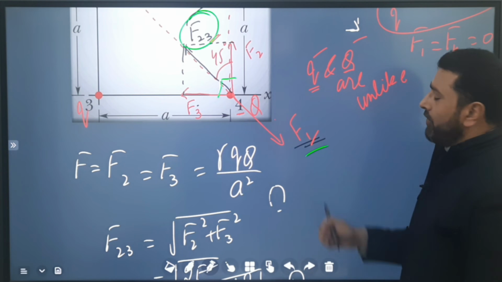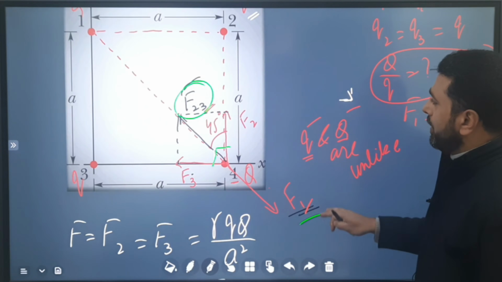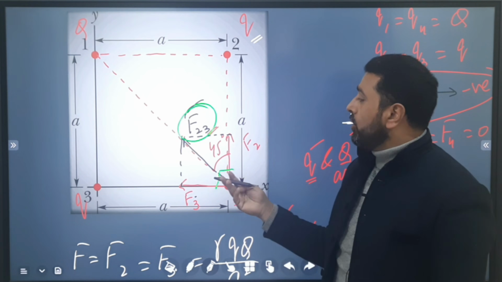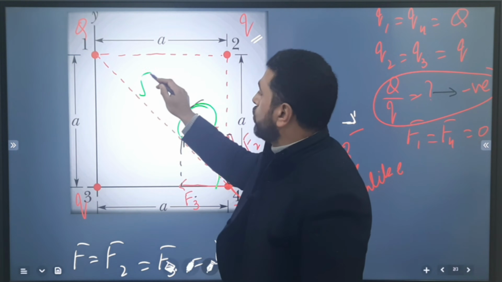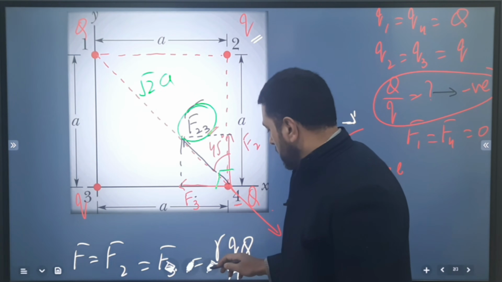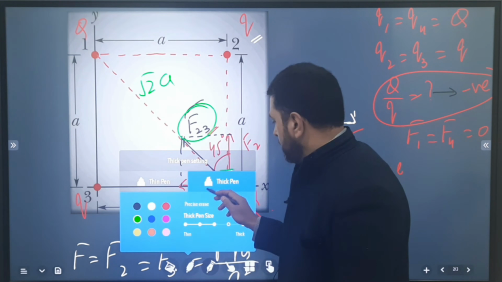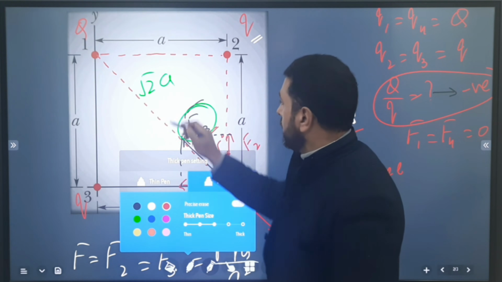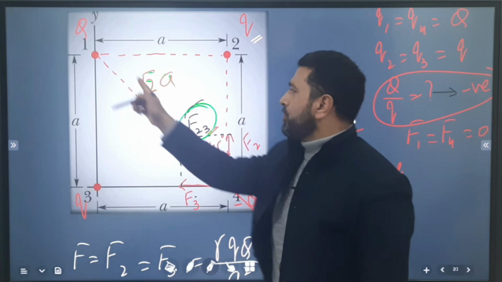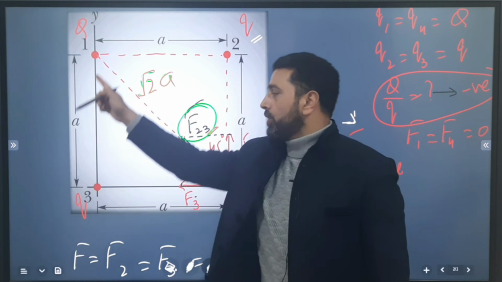Now let's find out F1. For F1, we need this distance, the diagonal. The diagonal of the square is simply root 2 a. You can find it using the Pythagorean theorem for this right angle.